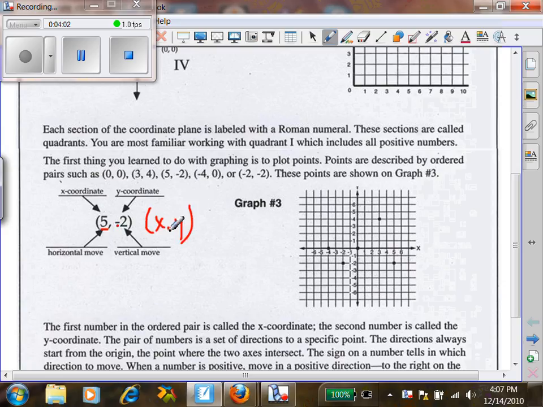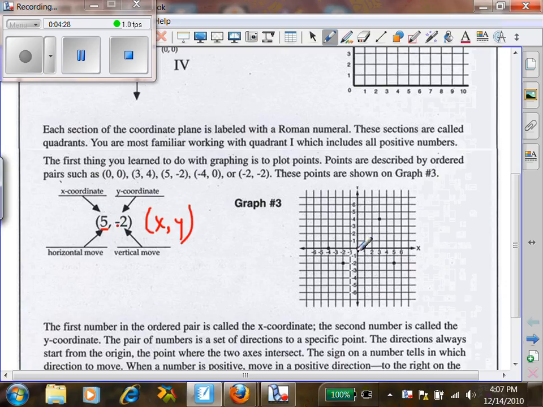And that's a comma. Okay, so it's alphabetical order, just to help you remember. X comes first, followed by the y, and that makes up your ordered pair. So horizontal move, and then vertical move, and then you plot your point. So for example, when you plot points, things like 0, 0, well, first of all, you know 0, 0 already. That's the origin, because you always start at the origin.